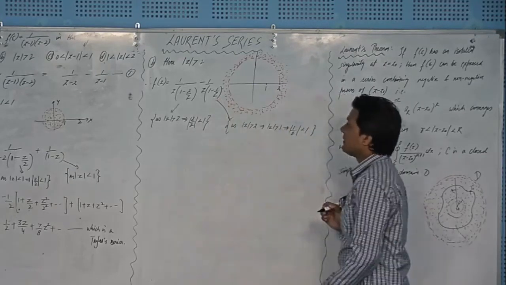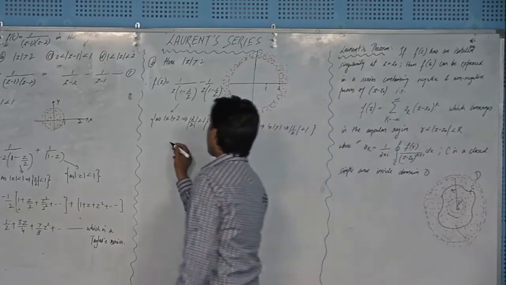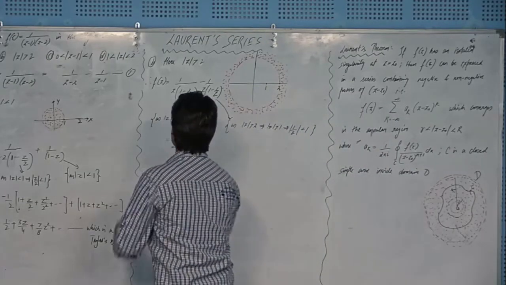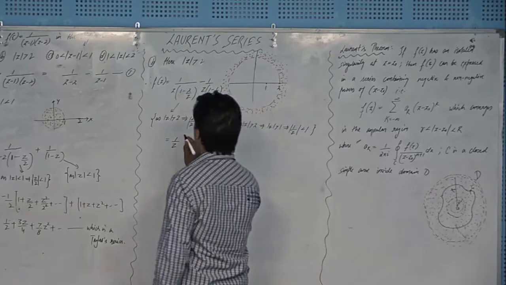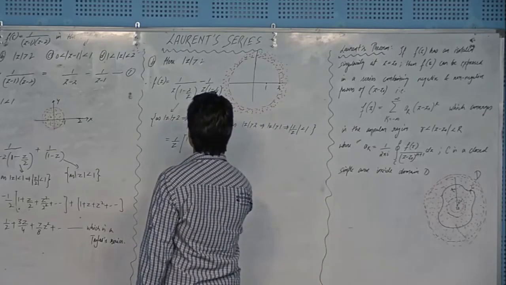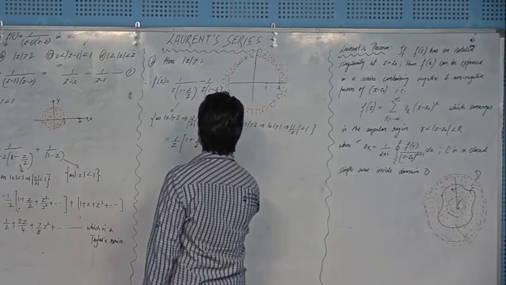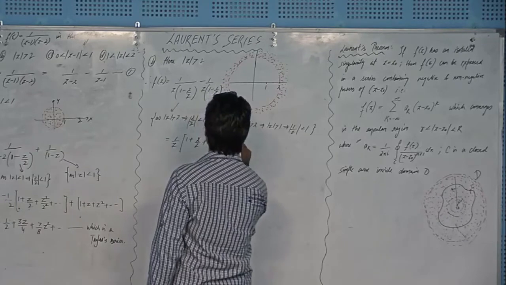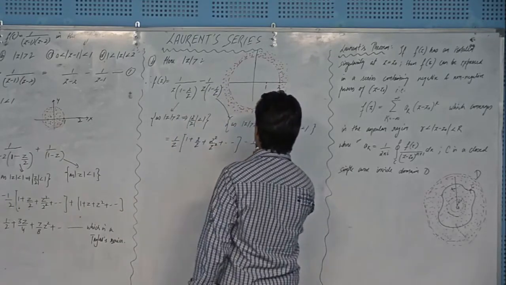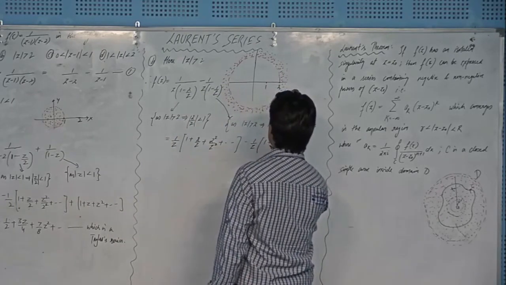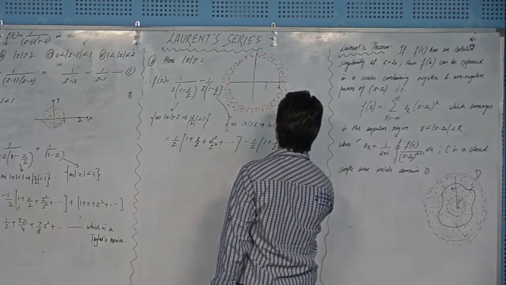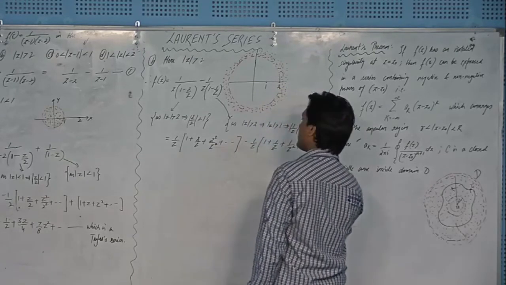Now it is all about expanding. 1 by z, and if you take this in the numerator, then the expansion will give you 1 plus 2 by z plus 2 square by z square, and so on. And for this one, minus 1 by z, 1 plus 1 by z plus 1 over z square, and so on, right?